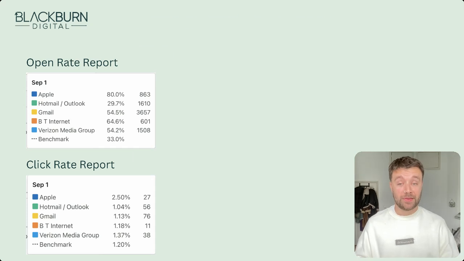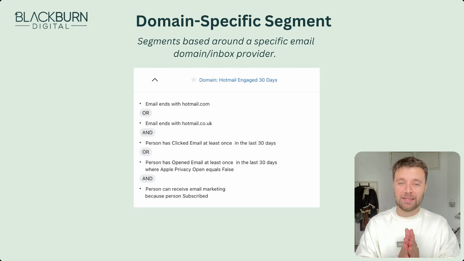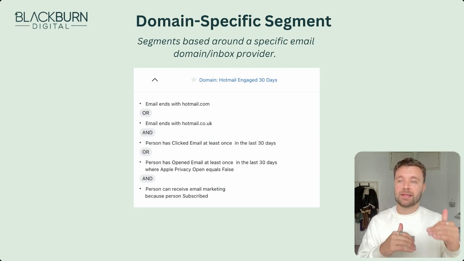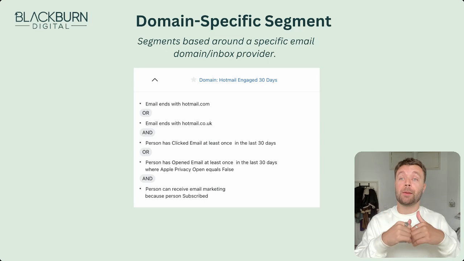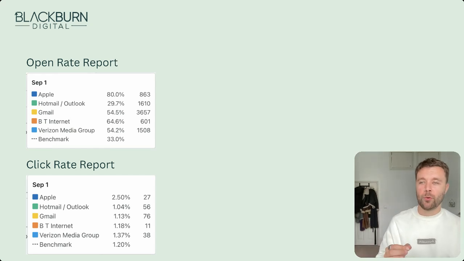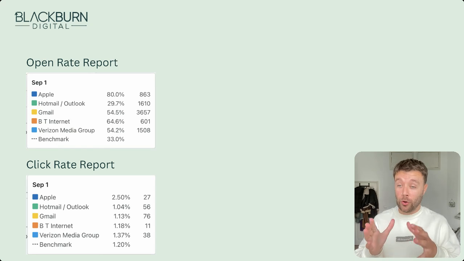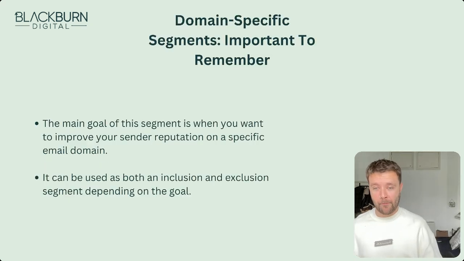So what we might do with this segment is we might send just Hotmail a much tighter segment to start boosting those engagement metrics before we bring it back into the overall segment. So this segment is purely for when we want to tactically improve our engagement on certain domains and providers.